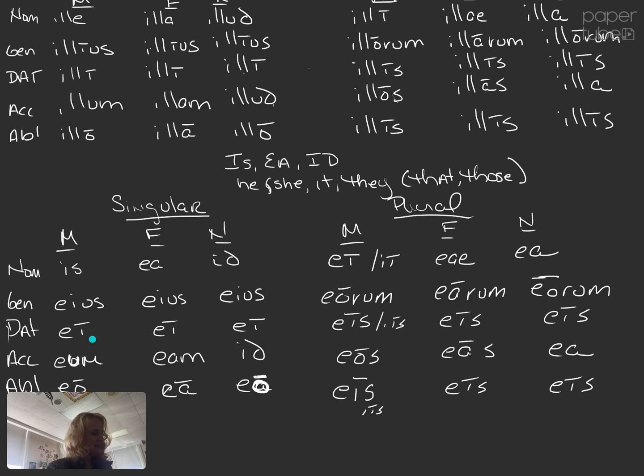I just think it's very possible that that u sound went to i, and grammatically, historically, there's support of that kind of a swap. And it's interesting that the shortened version became more he, she, it, they. The longer version, that or those, but both retain both meanings.